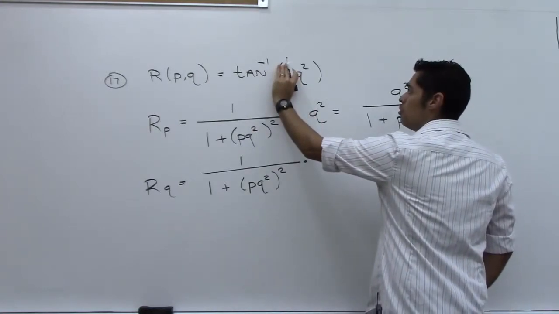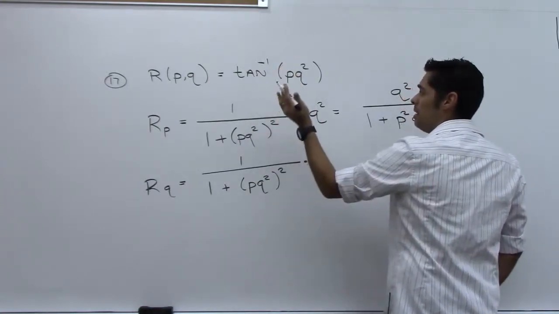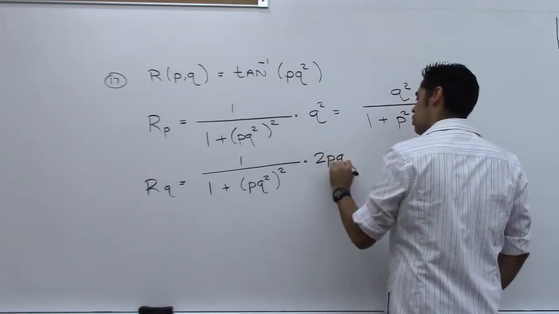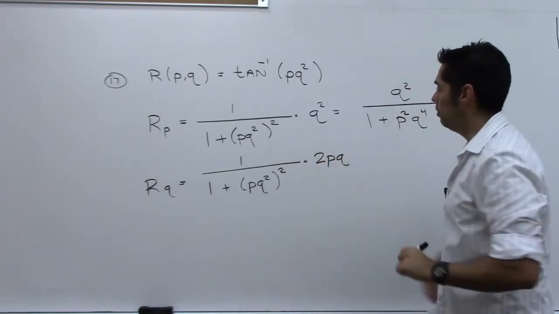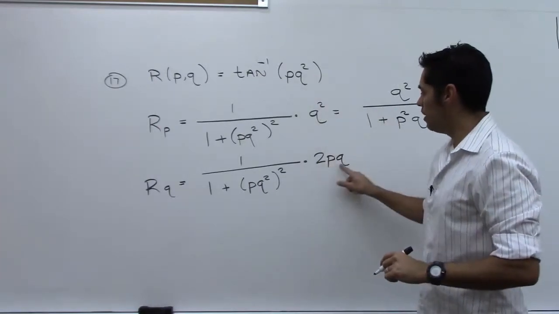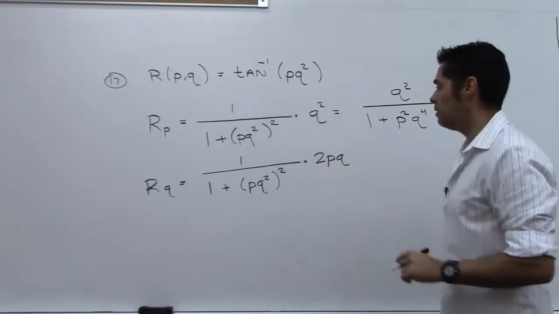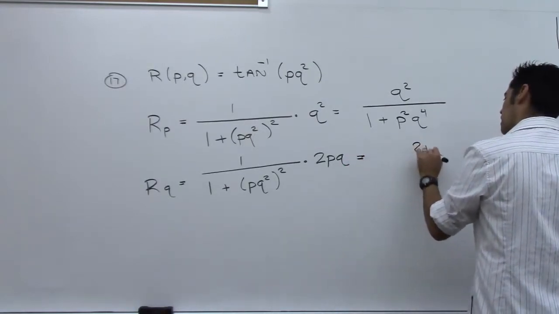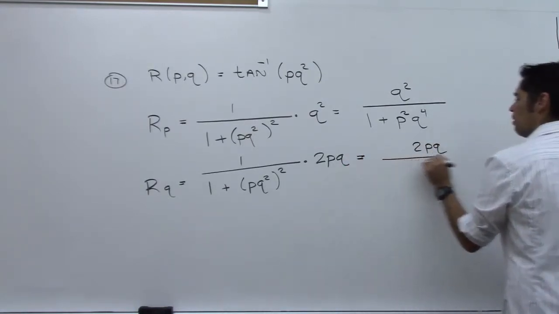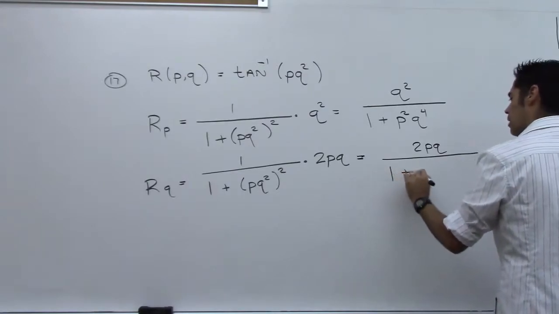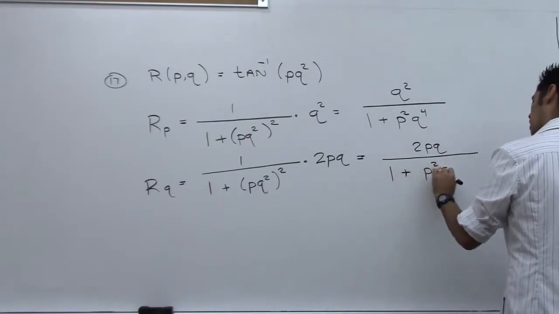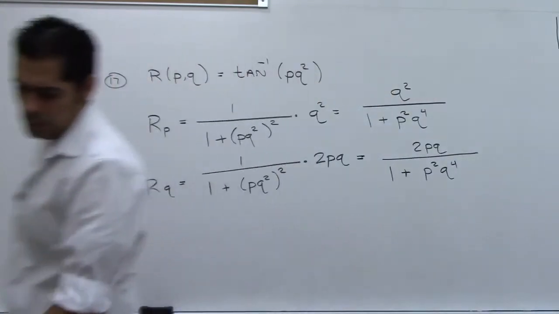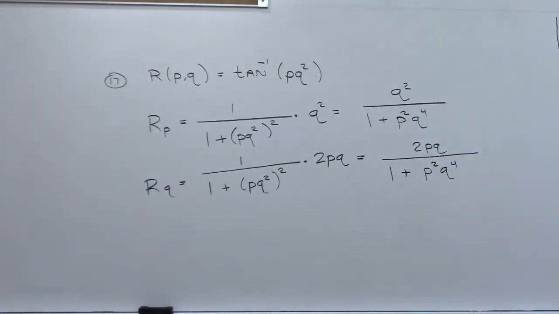Derivative of q squared is 2q, but then I have to bring the p with me because it's a constant. And just put that on top. We get 2pq over 1 plus p squared q to the 4th. So that's it for number 17.